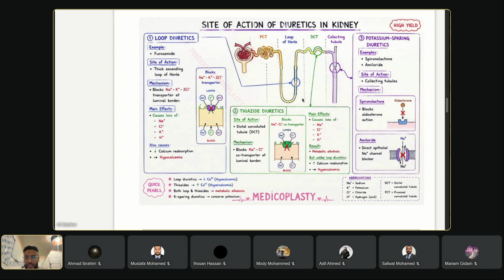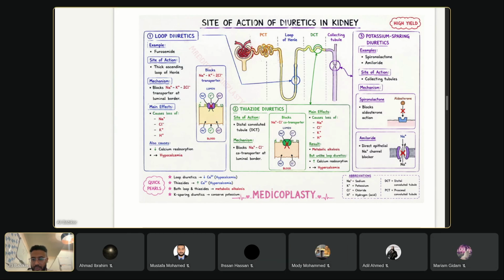If you can see, both the loop diuretics and the thiazide may lead to metabolic alkalosis. However, the difference between the thiazide and the loop diuretic is that thiazide increases calcium reabsorption, which may lead to hypercalcemia.